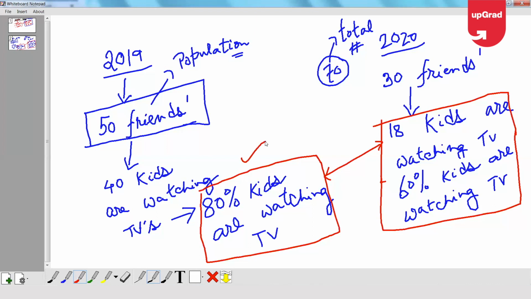So whenever I am seeing less TV, it's always compared to your base data, or you can also say population, right? So from your baseline data and the current data, your analysis says that probably kids are watching less TV, which you have seen from here, but you are not sure.